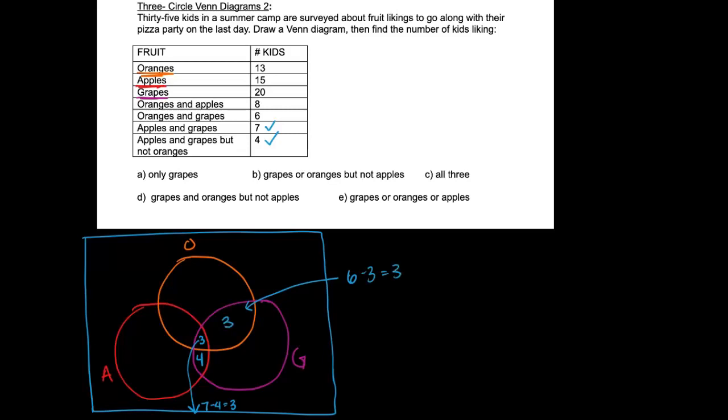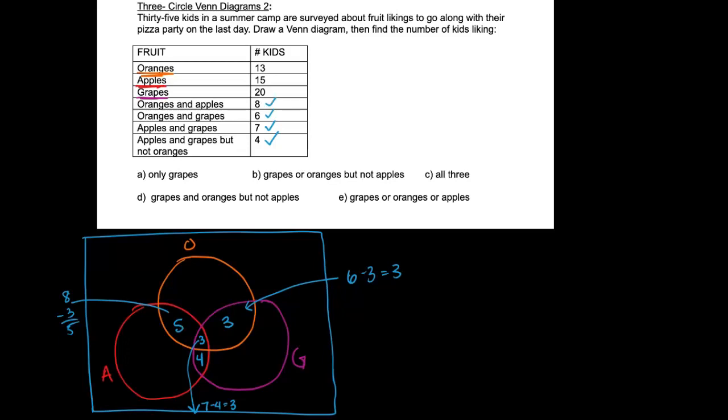And so all together, there's 3 plus 3, which is 6 in the orange and grape intersection, which is what I want. And then the orange and apple intersection, which is right here, should have 8 total, and there's already a 3 there. So I'm going to take 8 minus 3, which gives me 5, and that's going to go in this section.